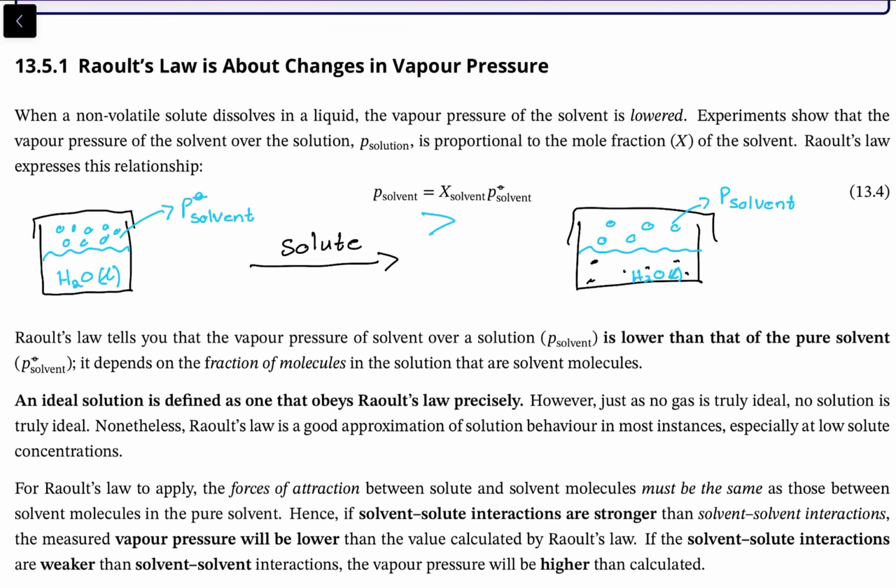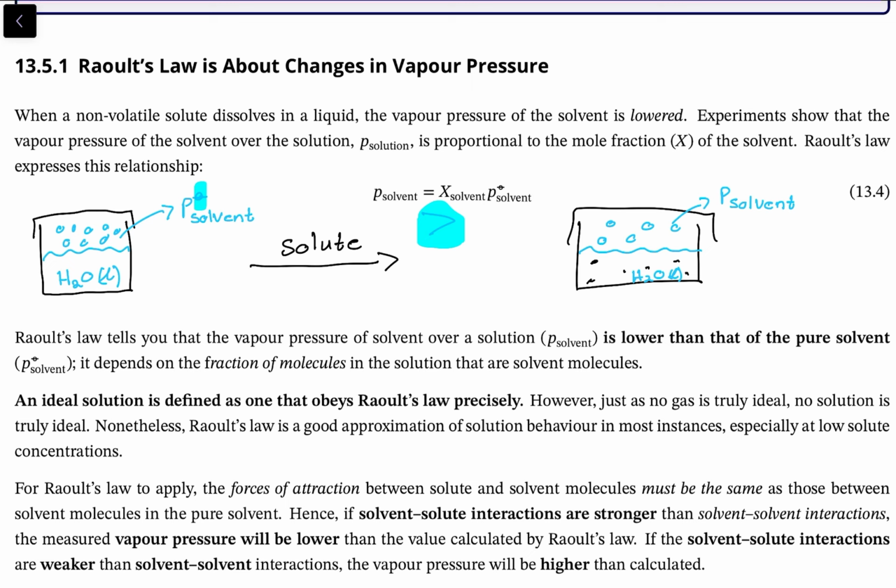Notice there's a little symbol here that I use, and that indicates that it is for the pure solvent. That is the vapor pressure of the pure solvent, which is larger than that of the solvent with the solute dissolved in it, meaning that of the solution. And you might ask yourself, why is that?